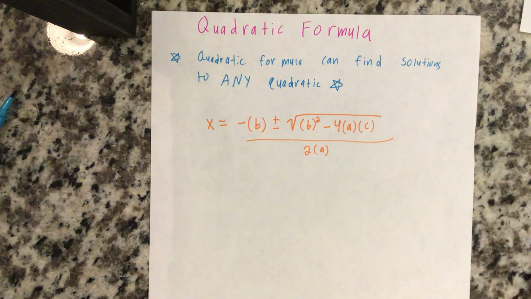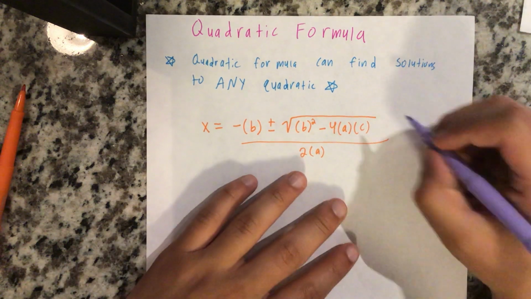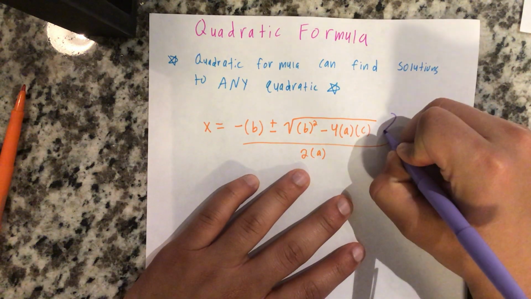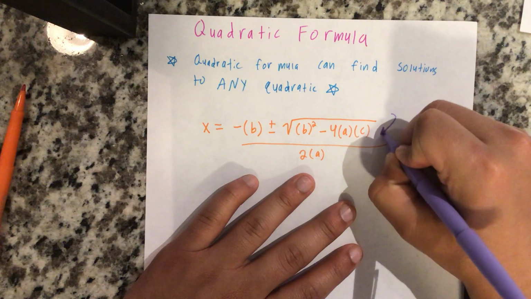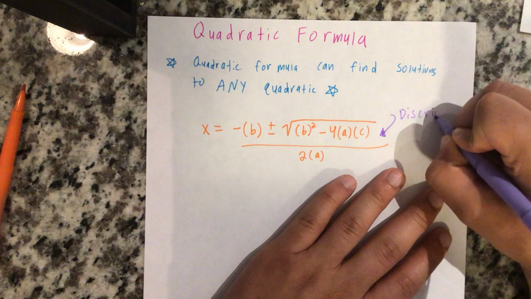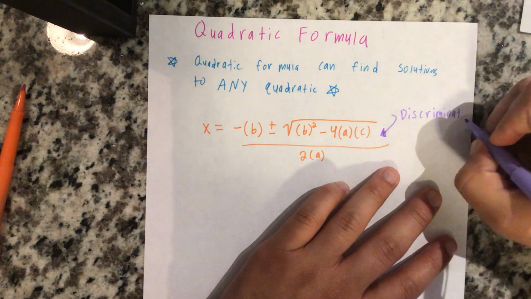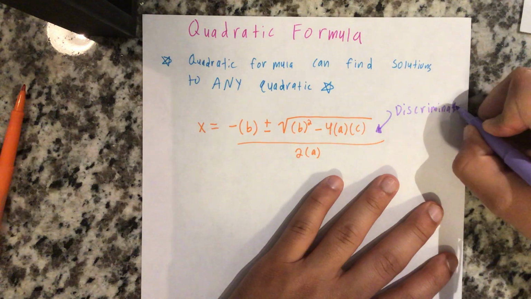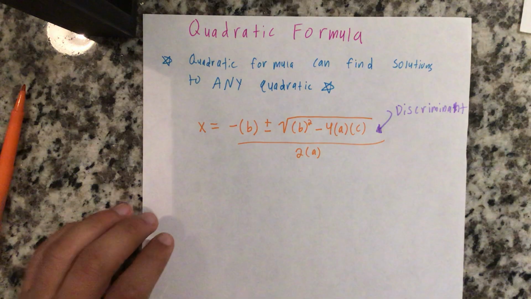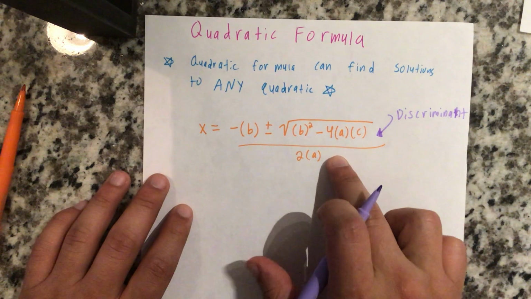So hopefully one part of this looks familiar, and that should be this part under the square root sign. If you remember from the video that I did yesterday, this is the discriminant, okay? And this is going to come into play because we already know how to calculate the discriminant. So we just need to put it all together, okay?